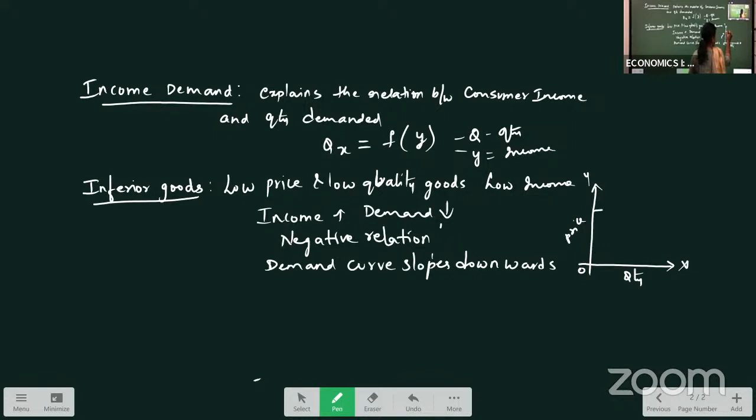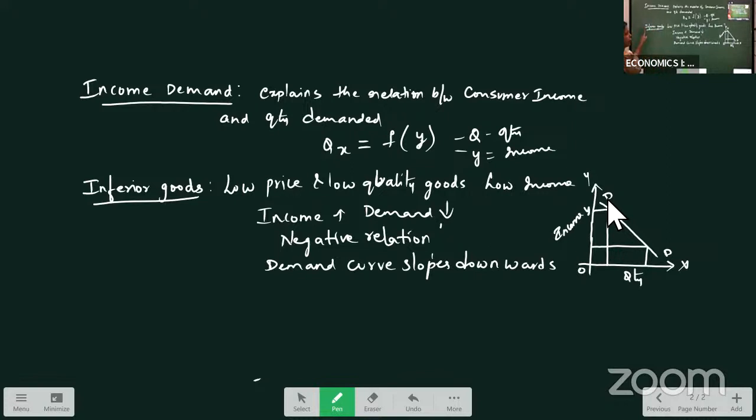Sorry, here we have to take income, not price. When income is high, at income OY, we demand less quantity of inferior goods. When income is low, we demand more quantity. So our demand curve will be sloping downwards. This is in case of inferior goods.